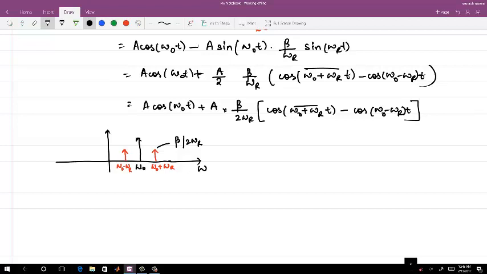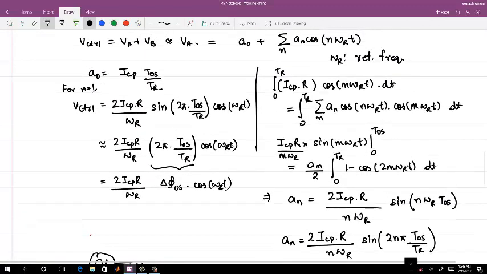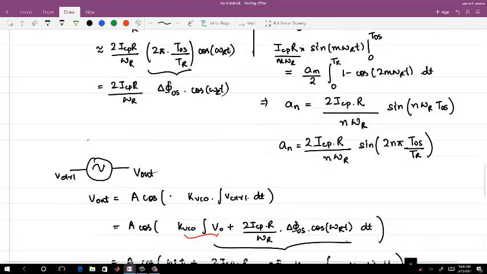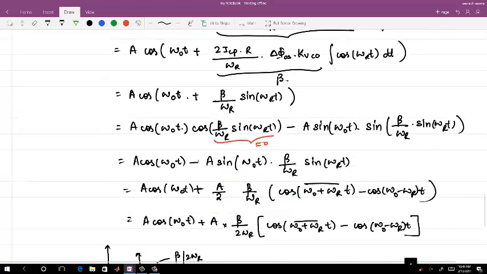And what is beta? Where did I define it? Beta is defined here.